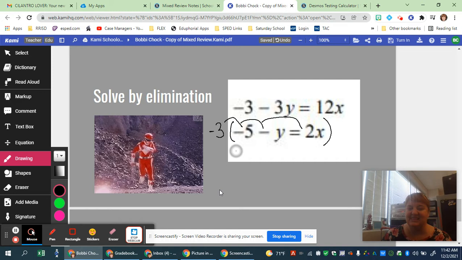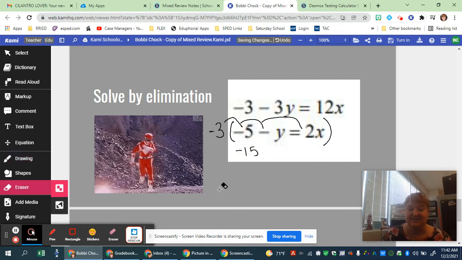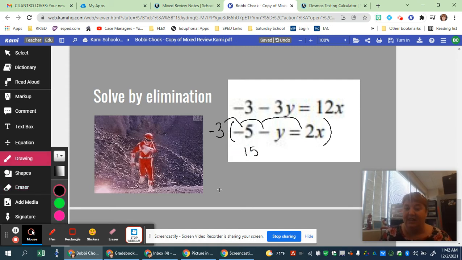So I have positive 15, because a negative times a negative, positive 15 plus 3y equals negative 6x. Now let's bring this one down. Negative 3 minus 3y equals 12x. And I can combine these two.